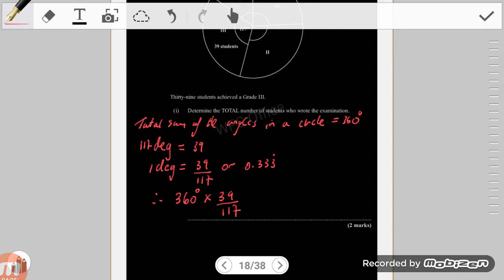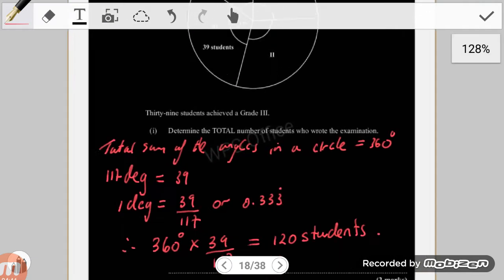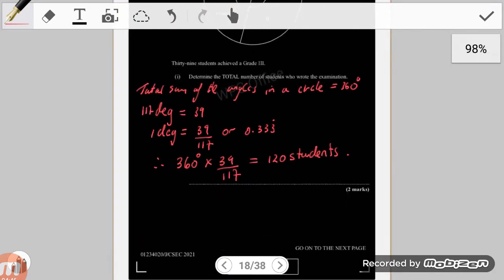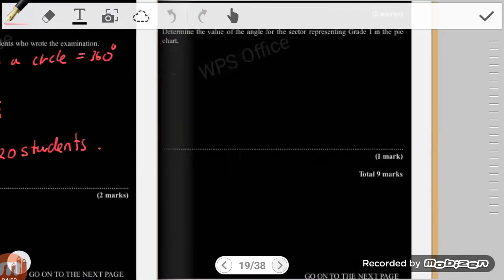So I'm going to multiply by 360, and that will give me the result that 120 students sat this examination. That was pretty good, guys. Hope you all got that. Good, so let's go on to the next page. That's for 2 marks.